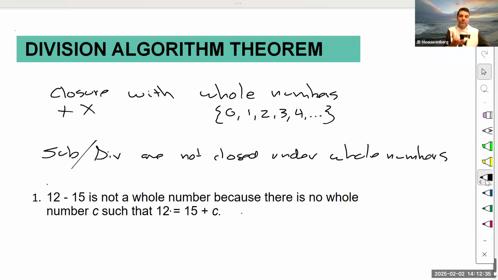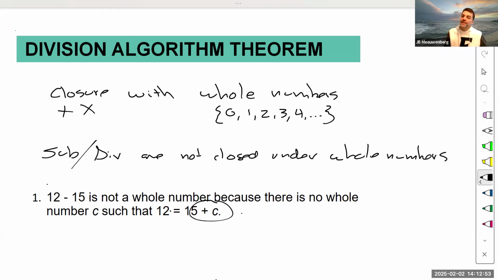Remember, subtraction was defined in terms of addition. 12 minus 15 is not a whole number because if you do 12 equals 15 plus C, C is not a whole number. So that means subtraction is not closed.